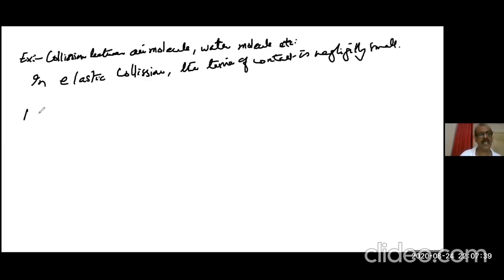Next heading, non-elastic collision, or inelastic collision.